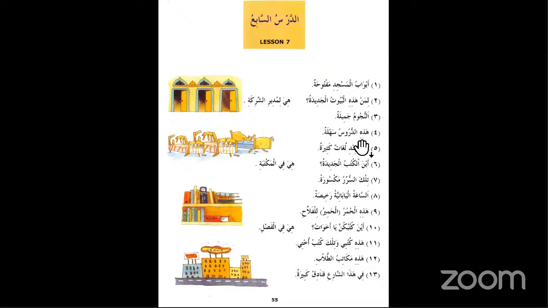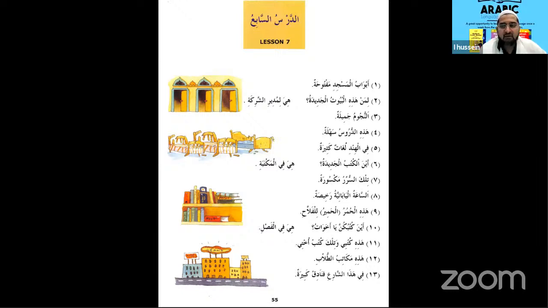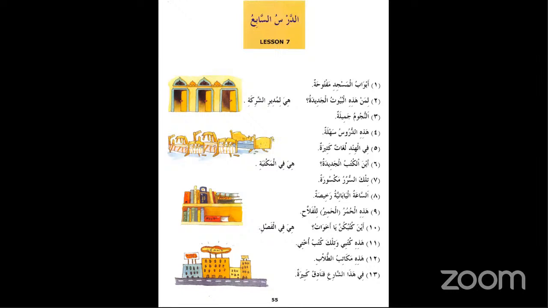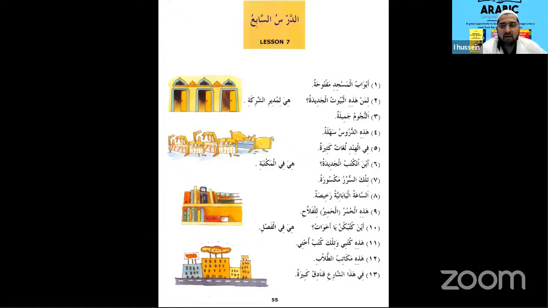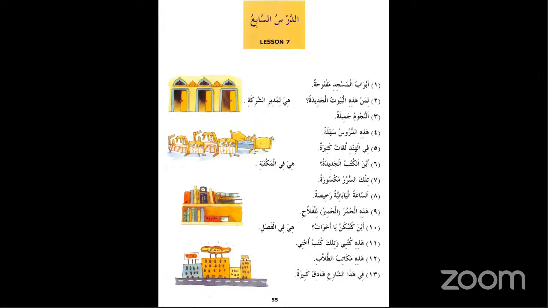Bismillah ar-Rahman ar-Rahim. هذه دروس سهلة. So this is... Not "this is". هذه. There's a ruling we did in book 1 as well, and even in this book, that whenever hada or dhalik or tilka comes, and the noun which comes after it is definite, it becomes an incomplete sentence, and we will need a khabar.